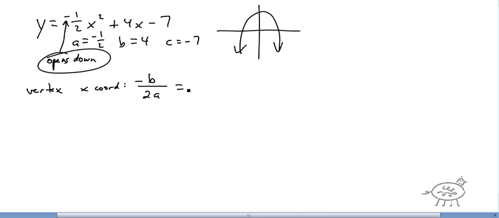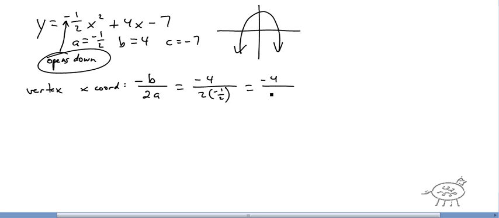So the opposite of b is the opposite of 4, or negative 4, over 2 times negative 1/2. Just be careful, because you have to get the vertex right. If you make one mistake with the vertex, the whole problem is going to be wrong, because the other points are not going to plot correctly and you're not going to have a U shape. So you've got to be really careful.